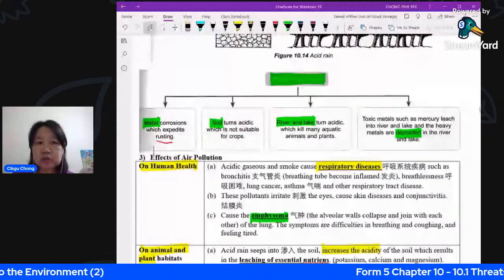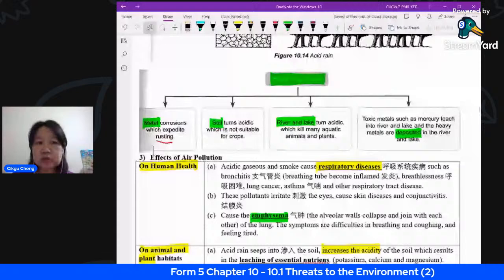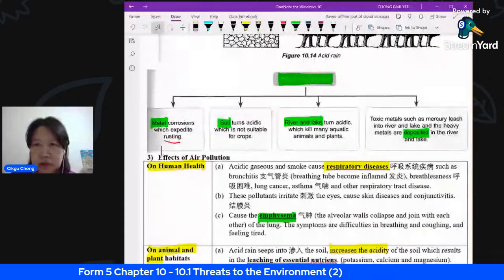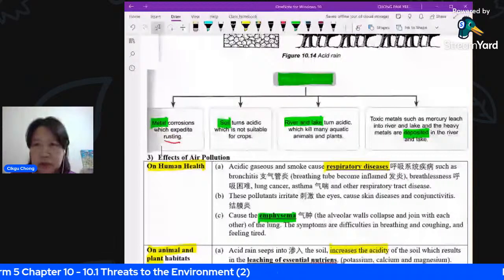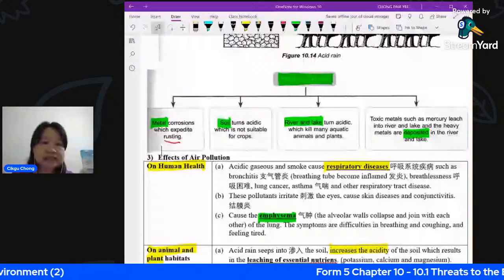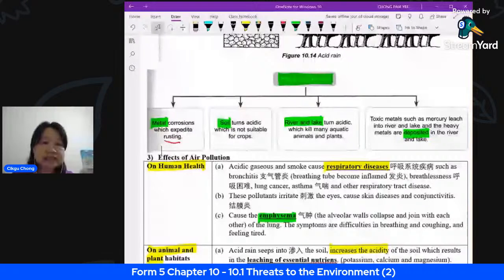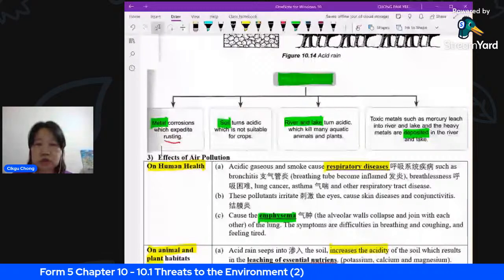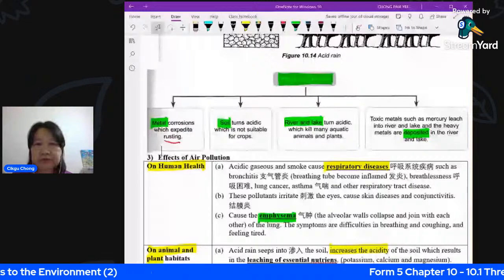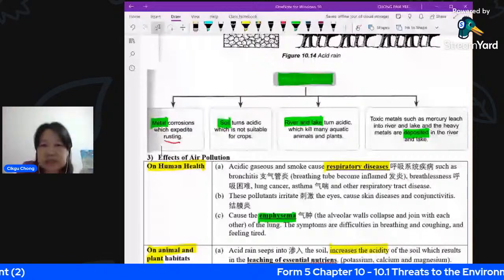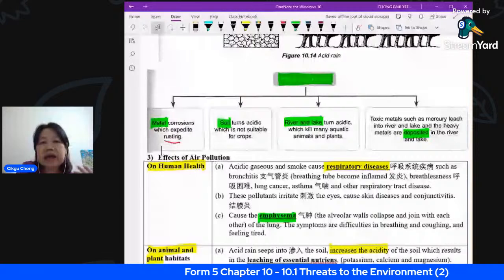Okay. Now, next one, soil will turn acidic when the acid rain drops onto it. It will not be suitable for plants, because certain plants have different tolerance to acid soil. And when the acid goes into the lake or the water source, river and lake, they turn acidic, and the plants and animals can even die when it becomes too acidic.